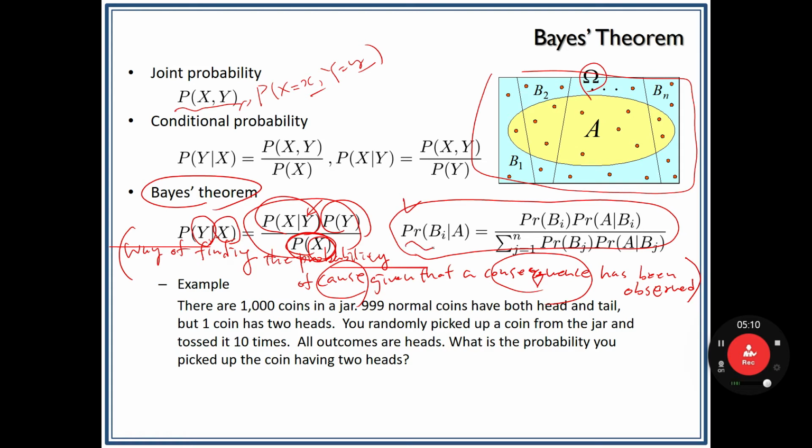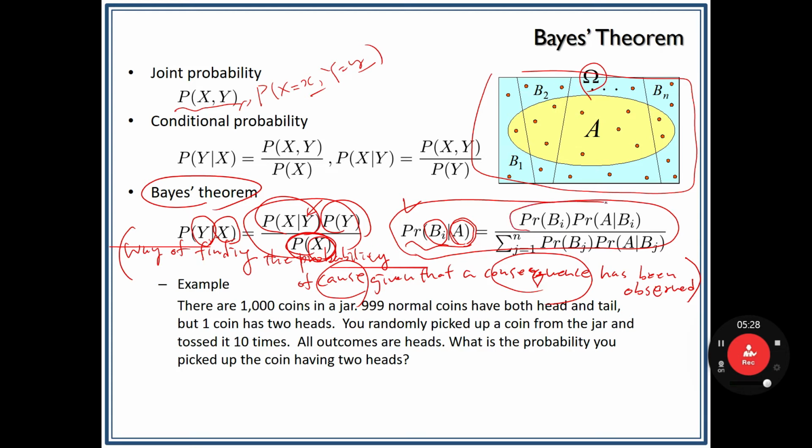want to know the probability. Actually, we observed a consequence A, and we want to know why this happened. Is that because of B sub i? We want to know that probability, and that is given by the Bayes theorem.